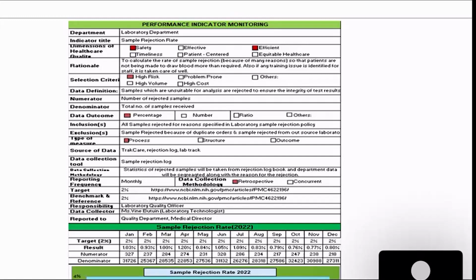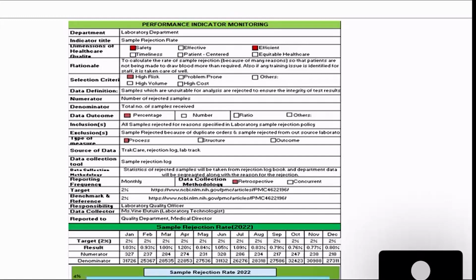Selection criteria: whether it is high risk, problem prone, high volume, high cost, or any other reason. What made us choose this, or what is the reason we choose this indicator? Then data definition: what exactly we are monitoring, numerator and denominator, data outcome, and how we are going to present this data, either in terms of percentage or numbers.